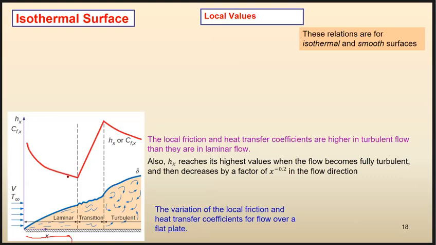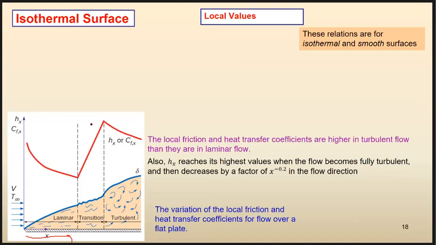At the point where we reach the critical Reynolds number, the flow starts to become more turbulent. So we're going to have more mixing, and as a result better heat transfer. The heat transfer is enhanced and the convection transfer coefficient increases.